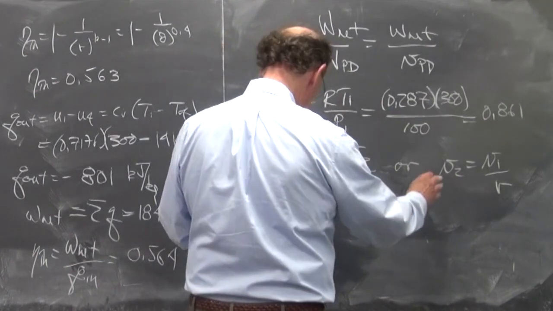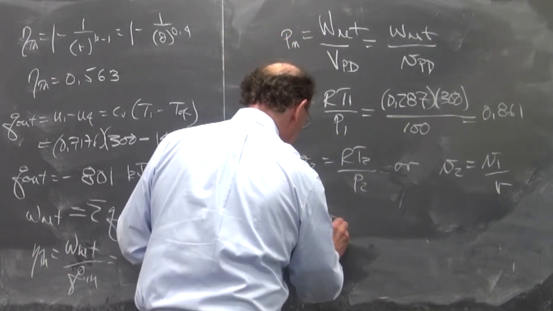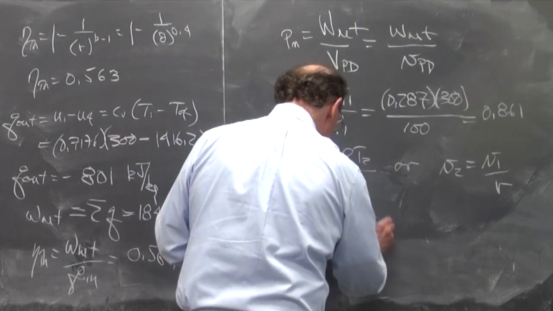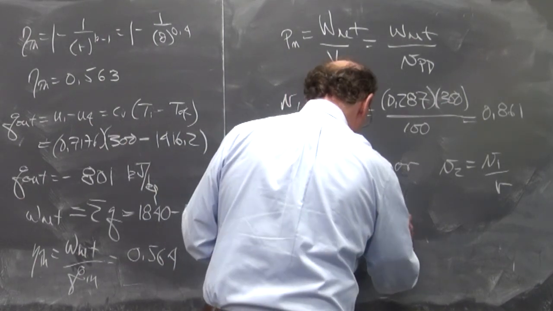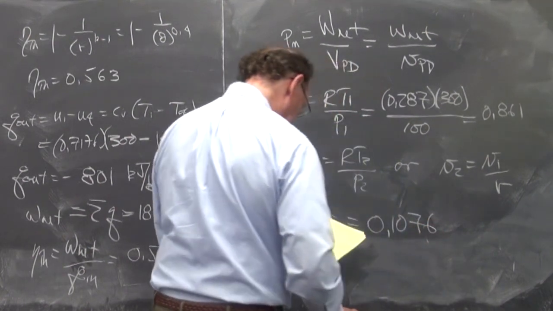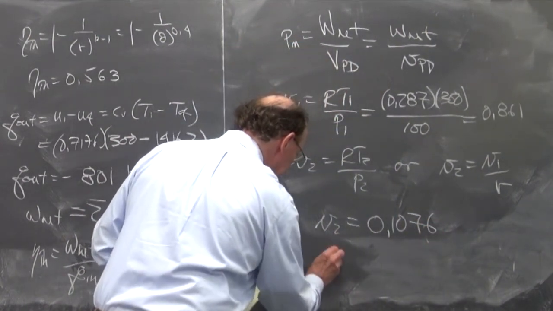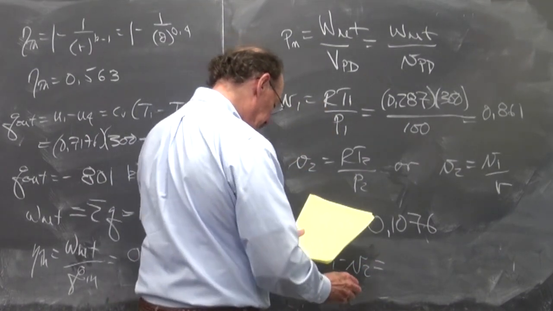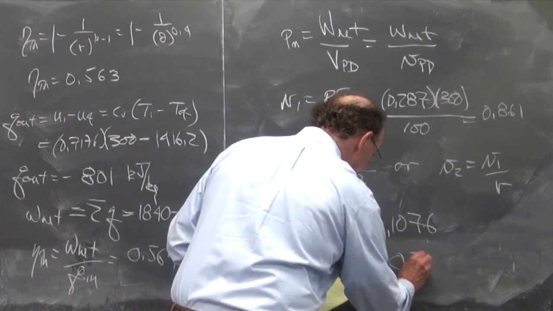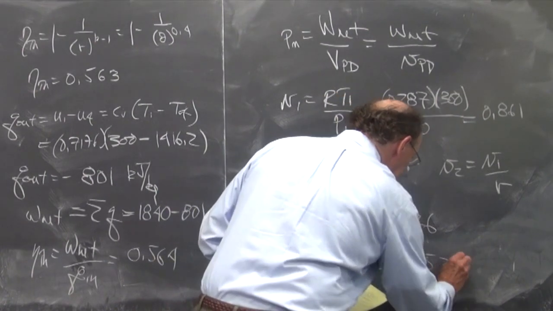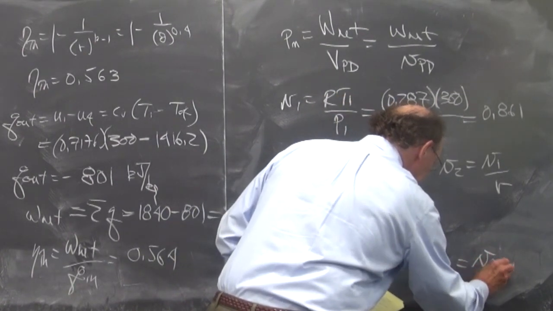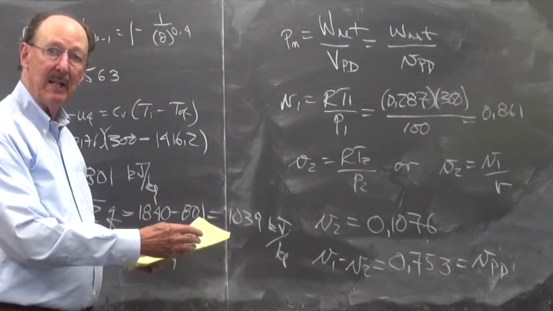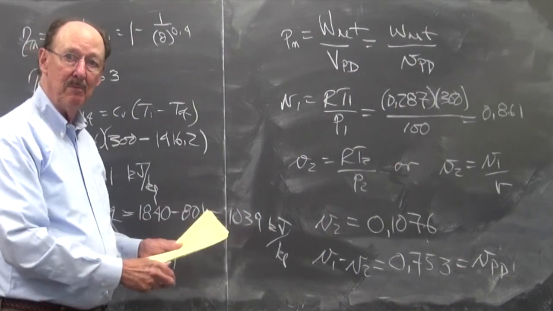If I did it the simpler way, I have V2 is equal to 0.1076. And V1 minus V2 is equal to 0.753. And this is the piston displacement. So I have that I can calculate and find the mean effective pressure.